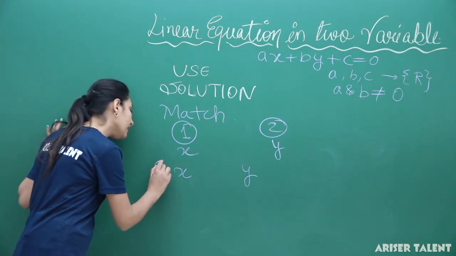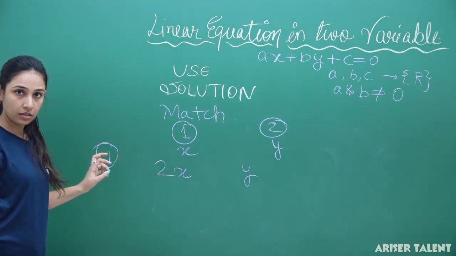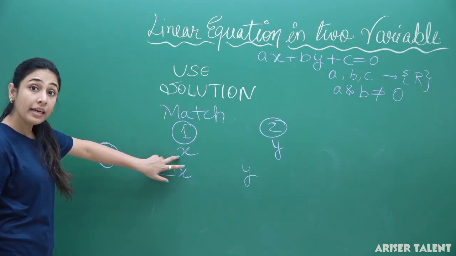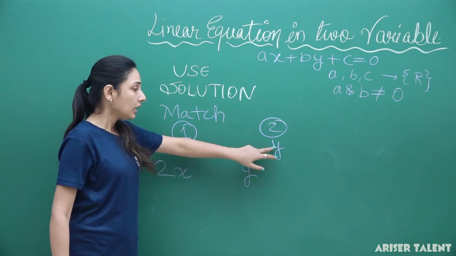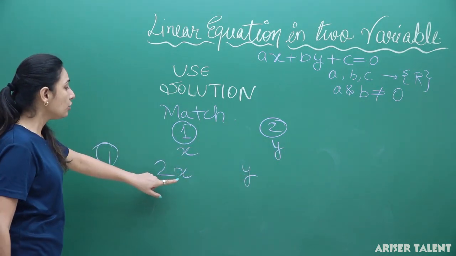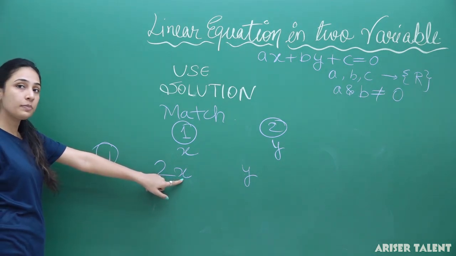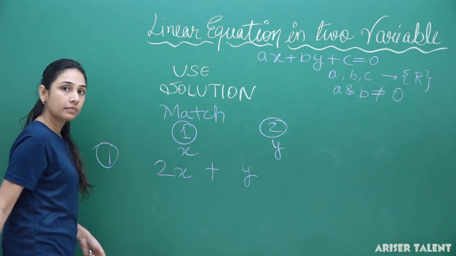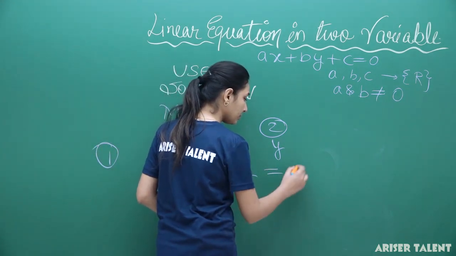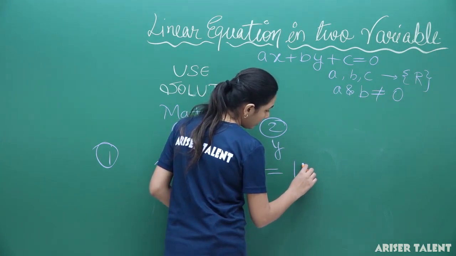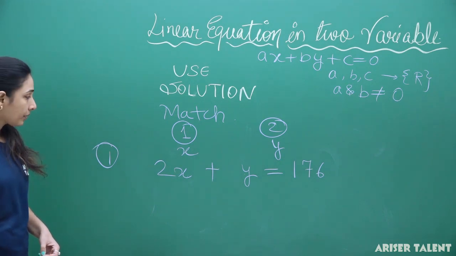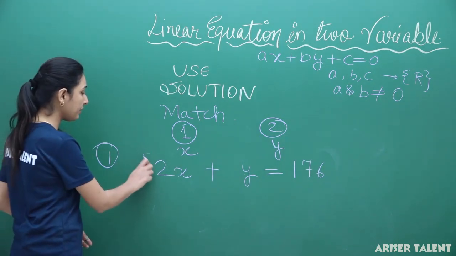Now twice the runs of the first player plus the runs of the second player is equal to 176. So this is the equation here.